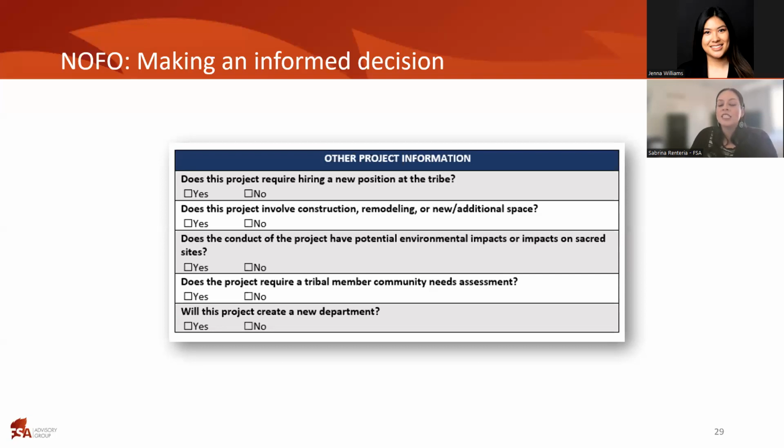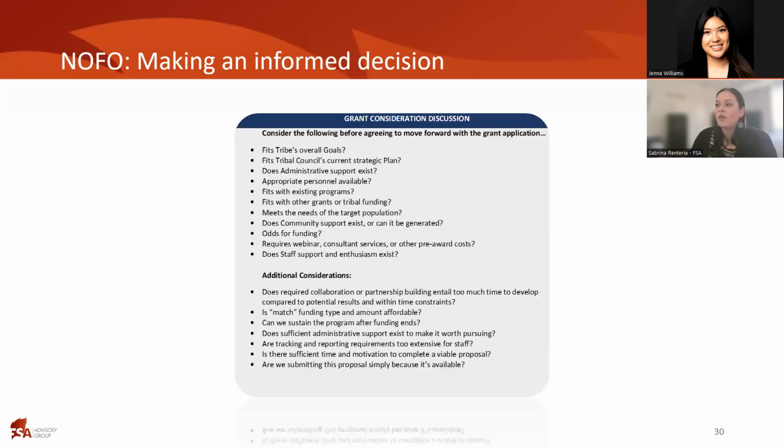So everything listed in the notice of funding opportunity should allow us to make an informed decision. We have some additional questions here that, again, we like to ask our tribal leadership before we say, yep, let's go ahead and spend 60 hours writing a competitive grant application.